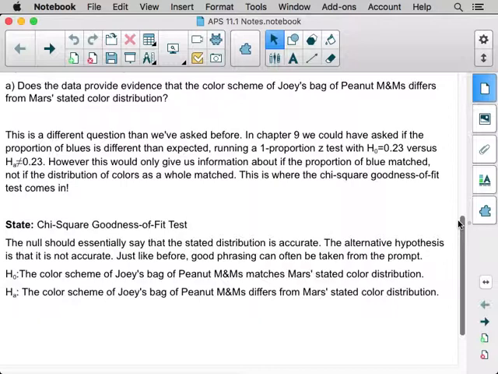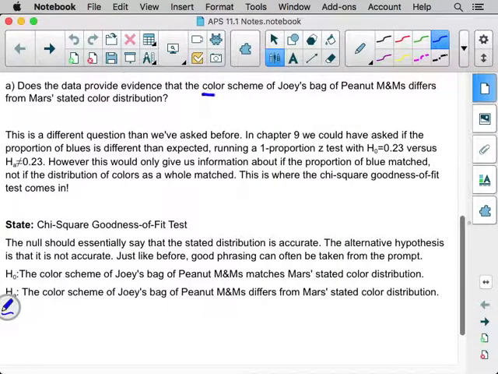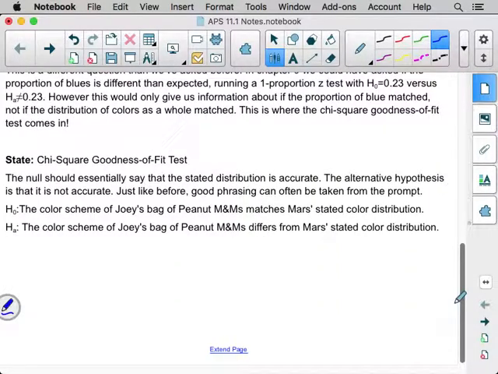All right, so here we're asking, is the color scheme of his bag different than the Mars distribution? Okay, that is going to be your alternative. The phrasing of the question always becomes your alternative. So in this case, alternatively, the color scheme of Joey's bag of peanut M&Ms differs from the stated color distribution, all right?